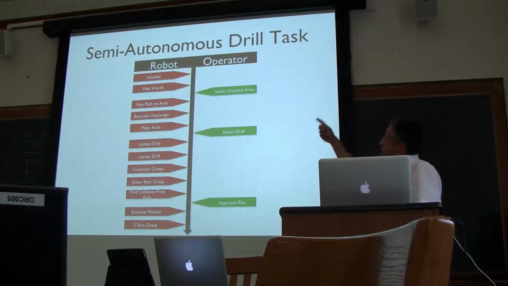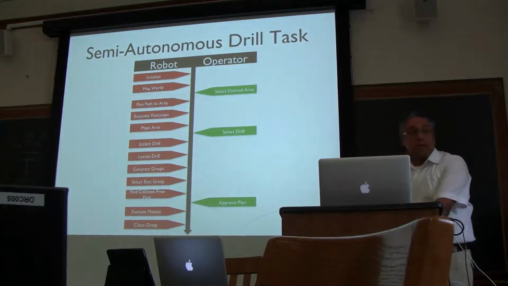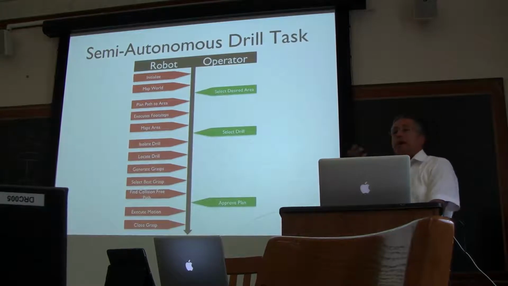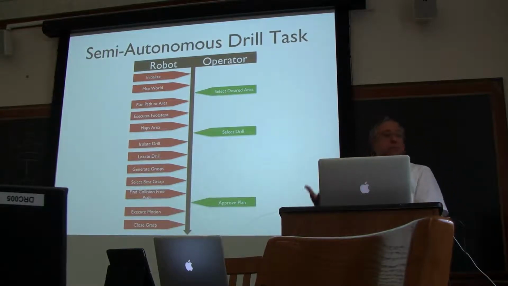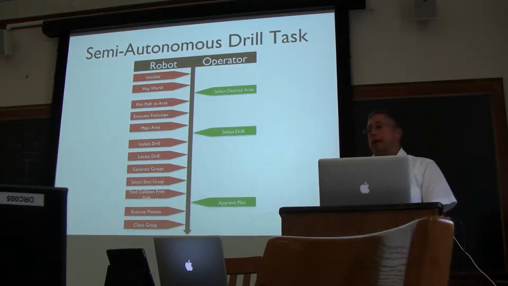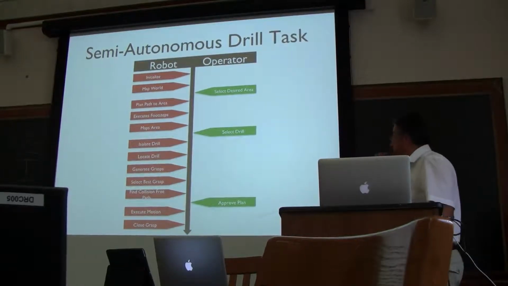And then the robot will autonomously plan the path to the area, avoid obstacles if there are any, execute the footsteps, and now that it's closer to the drill, it will map the area again and send that information to the operator. Then the operator can select the drill as a tool, and I'll show you our current implementation of how we do this.